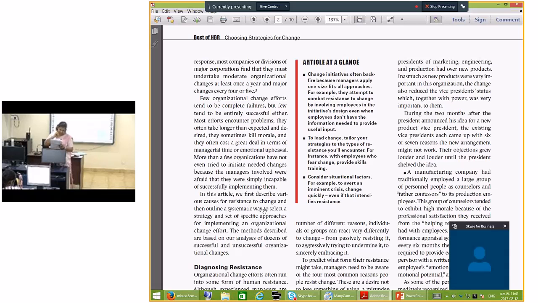Causes for resistance, in page 132. Then they are identifying why the people resist. Why do they reject this particular change? The first one, diagnosing resistance.